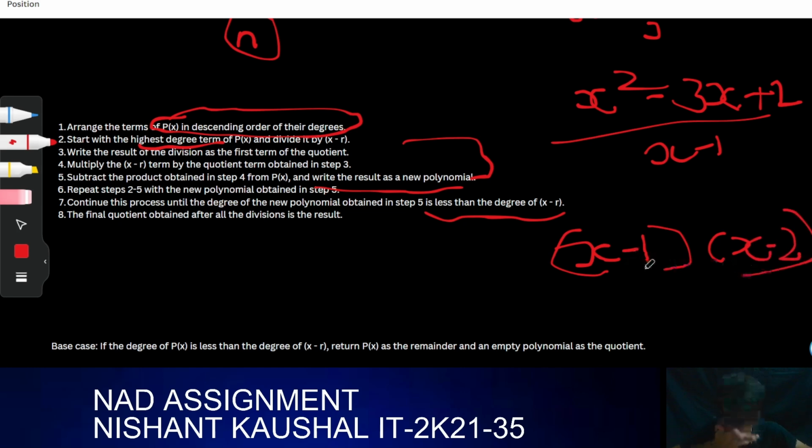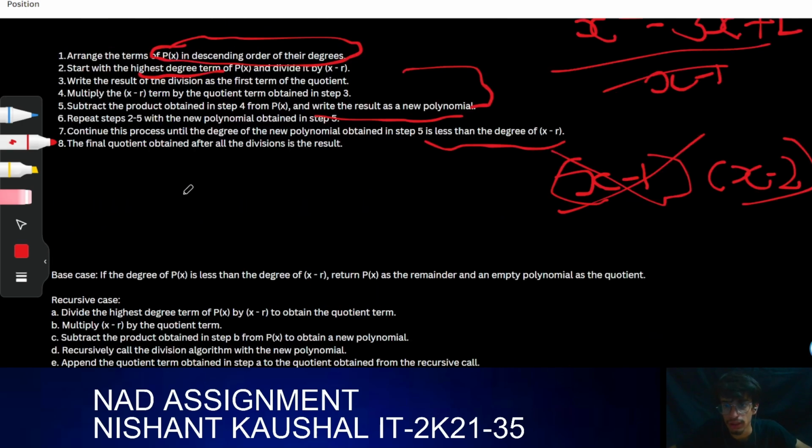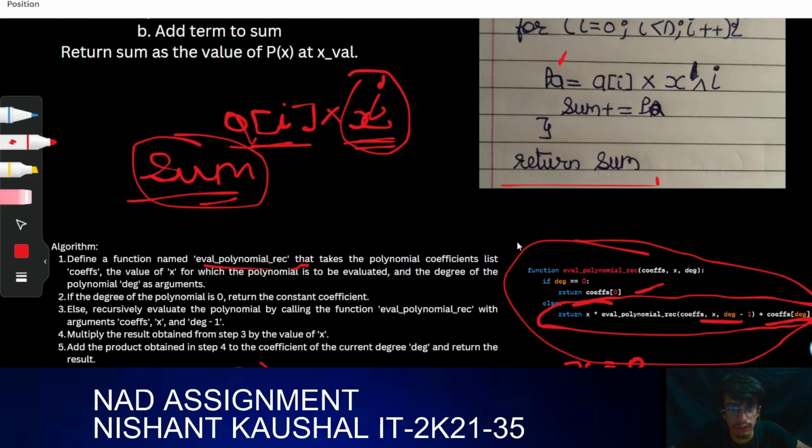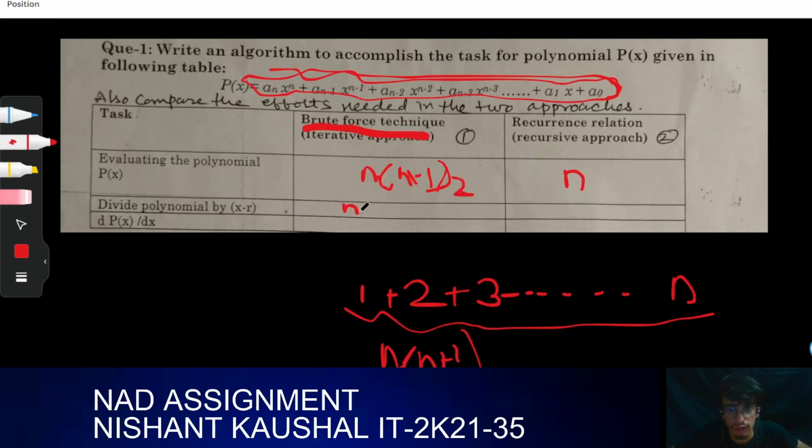So in this case we will call a for loop, and as we can see, if this is divided by x minus 1, its iteration will be n minus 1, right? And it will run from 1 up to n minus 1 terms. So if we do the sum of these terms, it will be (n minus 1) times n divided by 2.